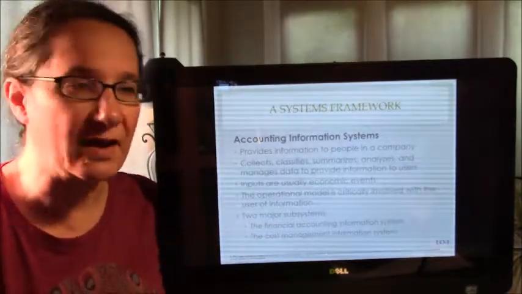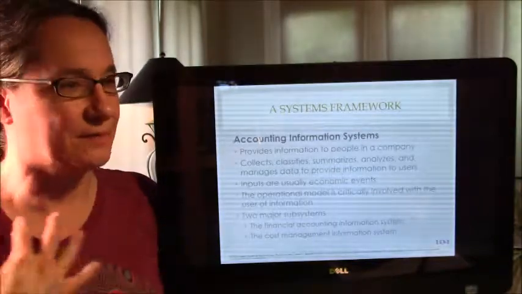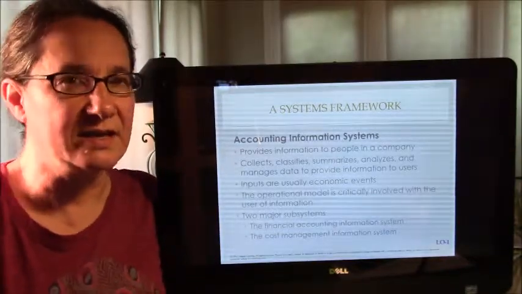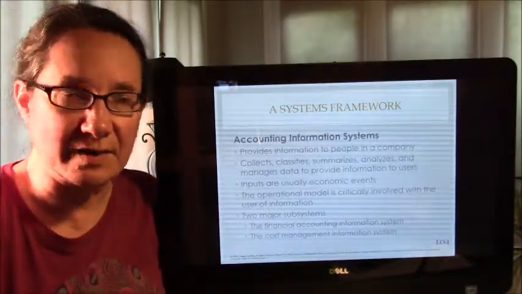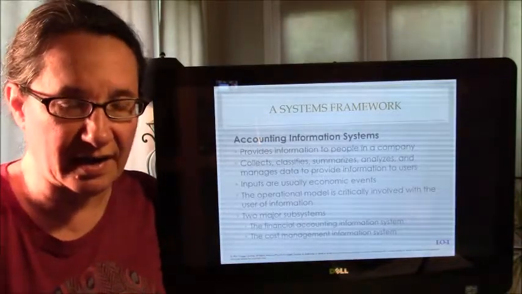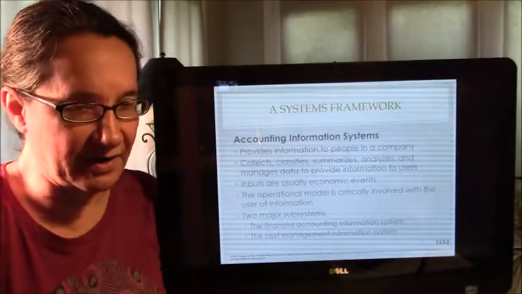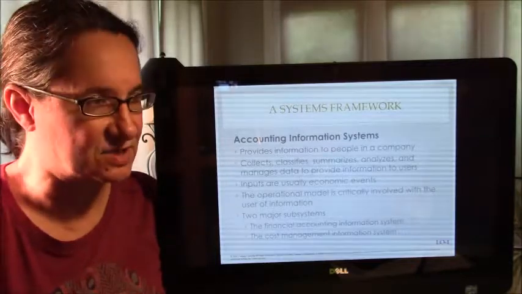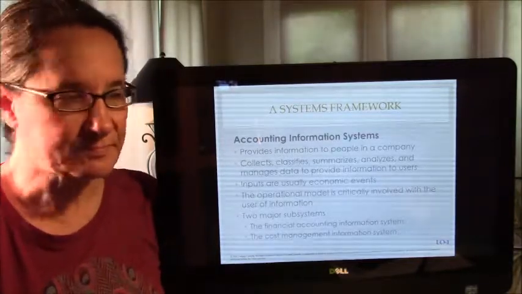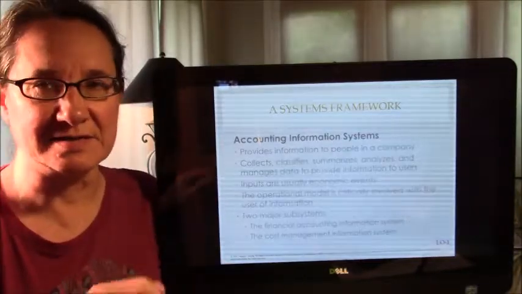Alright, so accounting information systems, I think we kind of understand the idea that there's some way of keeping up with what's going on in a company. So we call it an accounting information system. It tracks all the transactions, all the costs, classifies, summarizes.